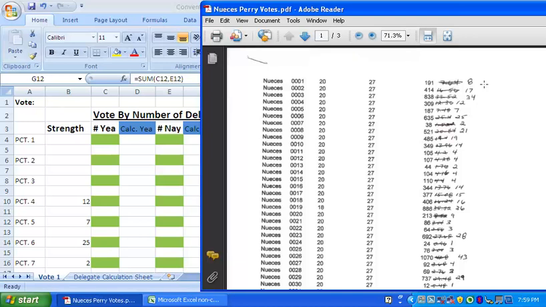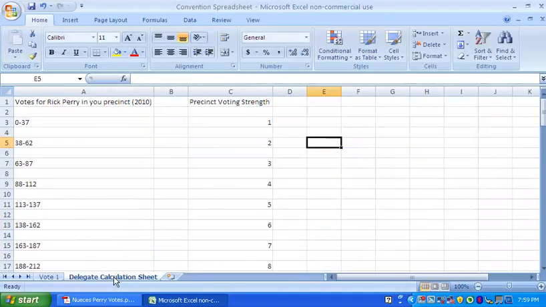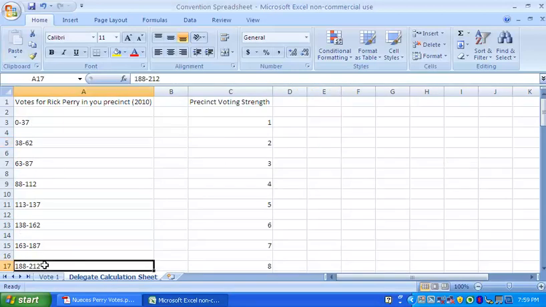So in this example, Precinct 1, Rick Perry got 191 votes total. And we need to know how many delegates, or how many votes, our precinct has based on those 191 votes. So we're going to come down here to the delegate calculation sheet, and we're going to look through these brackets for 191, and 188 to 212 covers that.